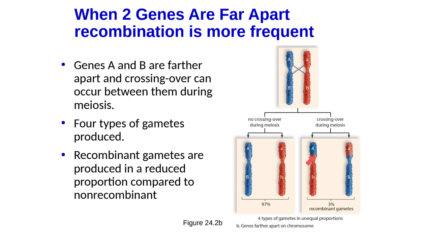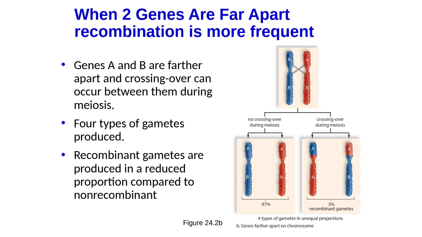So for example, there's a 3% chance that you'll have big A and then little b, and little a and then big B. So because of recombination, instead of forming two gametes, we actually form 4 different gametes. So this allows for more variability when this gamete would then get together with another gamete, and then you'd have the zygote.